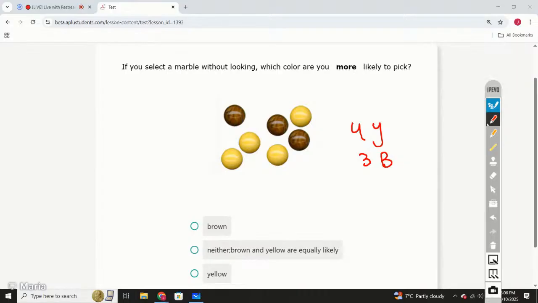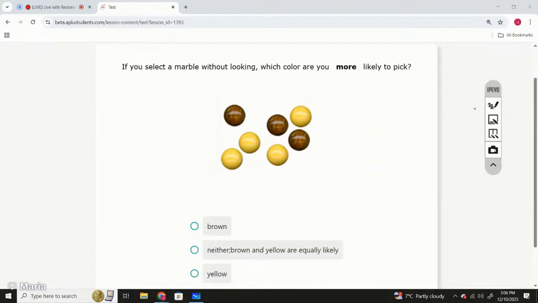The question is which color are you more likely to pick? You will more likely pick the yellow because you have more yellow than brown. Got it? The correct option is yellow.